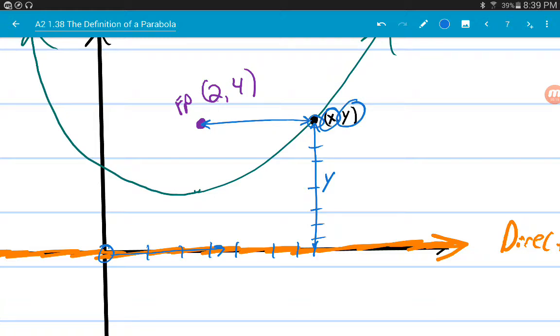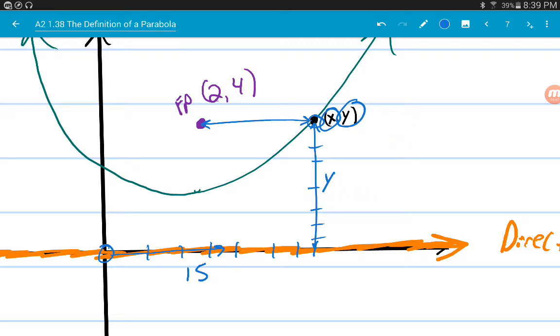because y is the y value of that point. So essentially what I'm saying is, if this was like 2, 4, like the focus point is, or if it was like 3, 9, then this would be 3, and this would be 9. If it was something like 15, 17, that would mean this is 15 units here, and this is 17 units here.